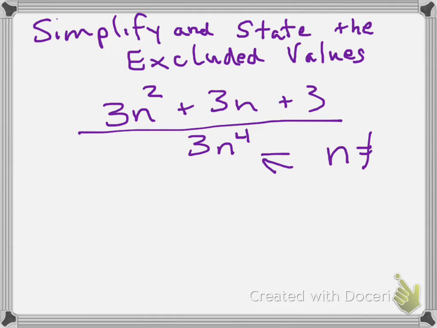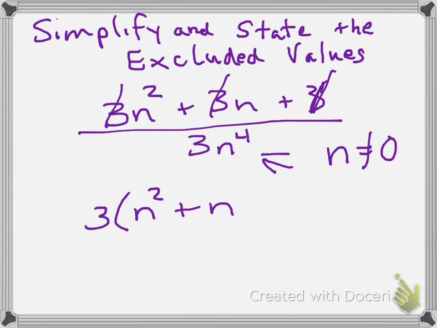In the numerator up here, they all share a 3. So I'm going to do the reverse distributive. I'm going to put 3 on the outside, so that leaves n squared plus n. When the whole thing crosses off, well, 3 divided by 3 is 1, so we put a 1 there. All of this is over 3 into the fourth.